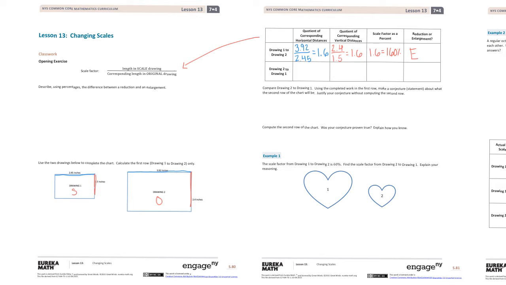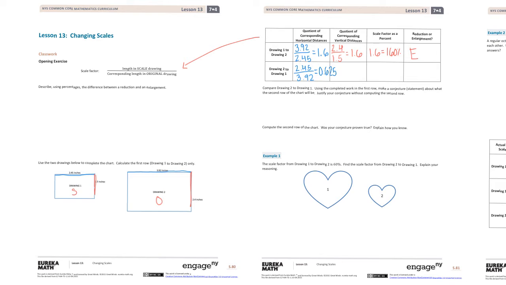I'm going to have 2.45 divided by 3.92. Go ahead and calculate this. All right, so we would have got 0.625, and that's okay that I went over into the other box.